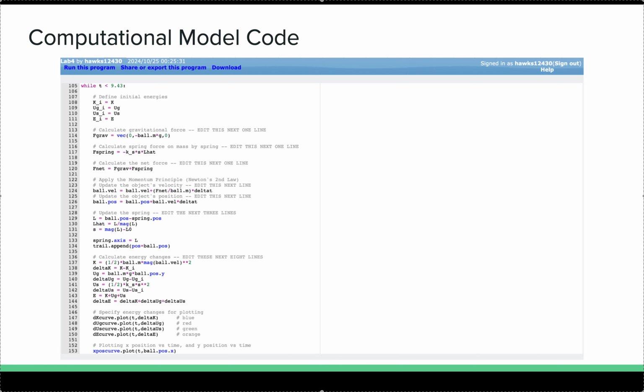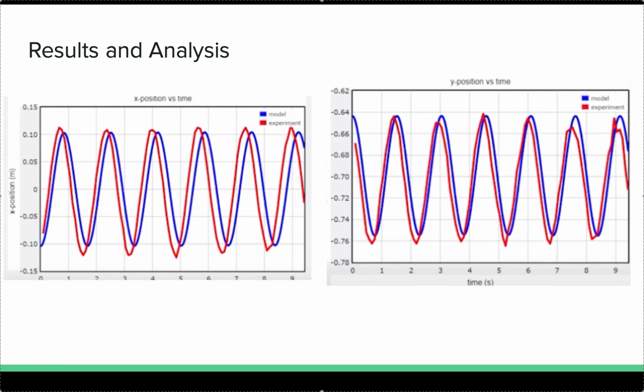The F net was F gravity plus F spring, and then the ball velocity and ball position update formulas were coded in, and below that again are our L hat and S values. And then at the very bottom, you can see the entire range of energies that were decided on, including K, and then delta K for the iteration, UG, delta UG, spring potential energy, and the final energy of the entire system, which we expect to be conserved.